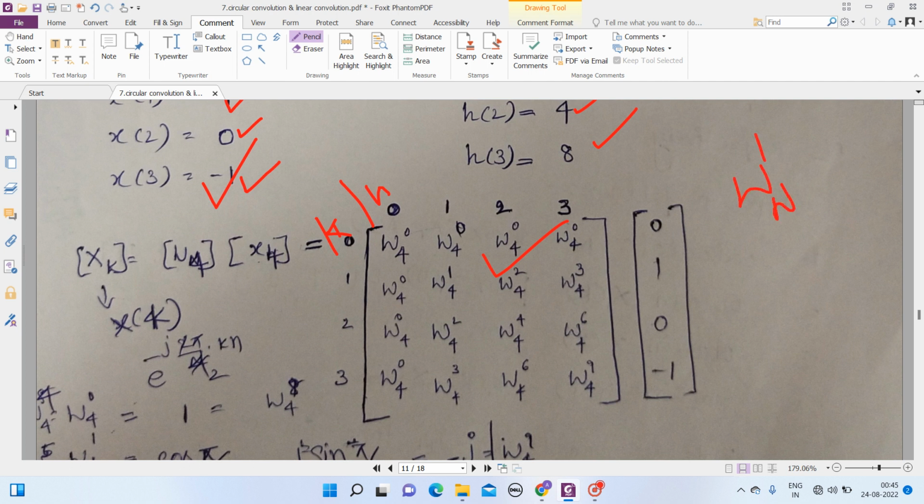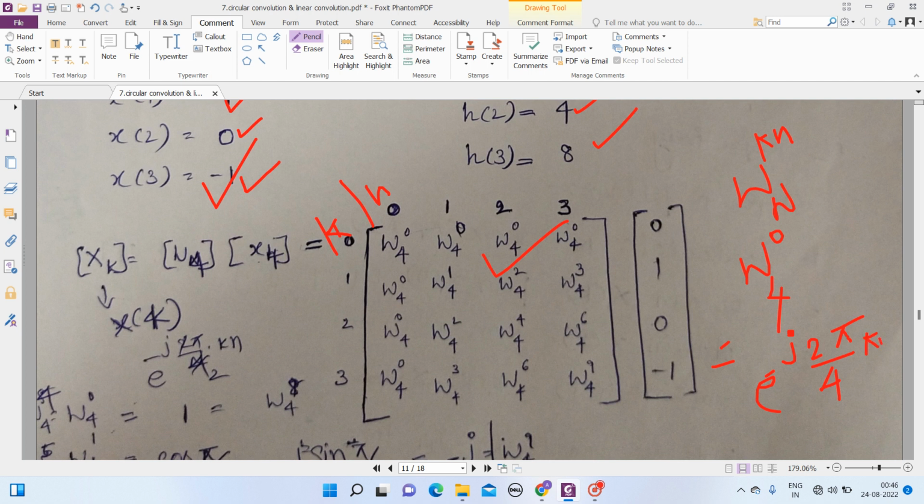W n to the power of kn, right? So here the n value is 4, N point is 4. Here the k value and n value is 0. You know very well what this equation is? e to the power of minus j 2 pi divided by 4 kn, right?